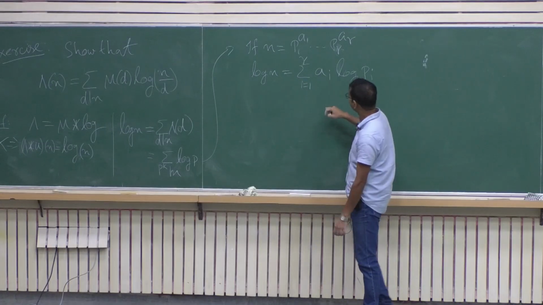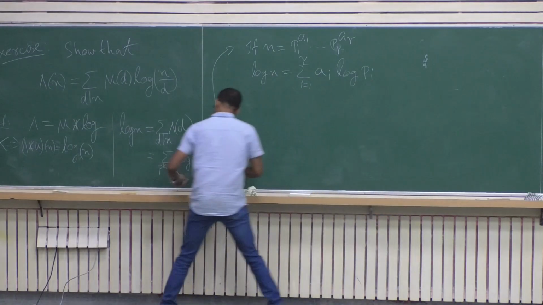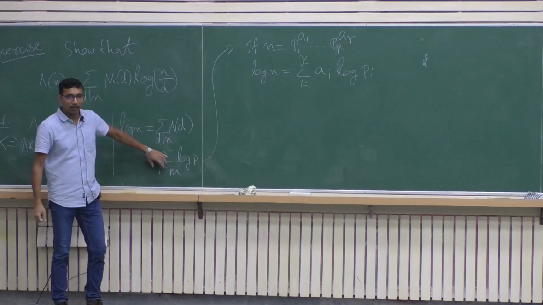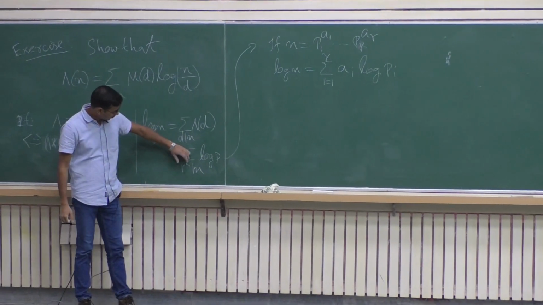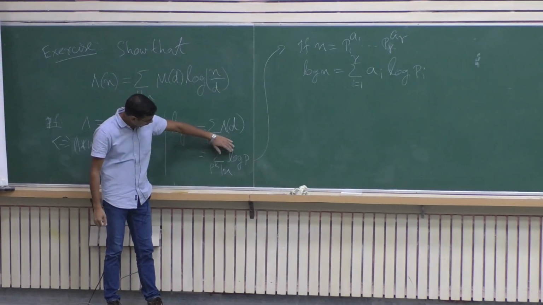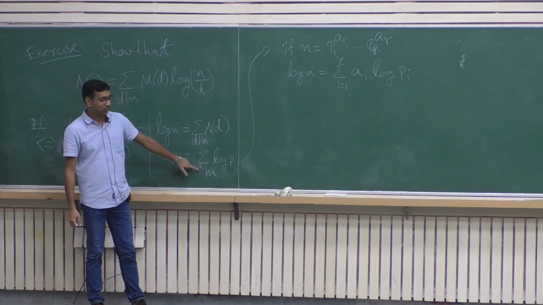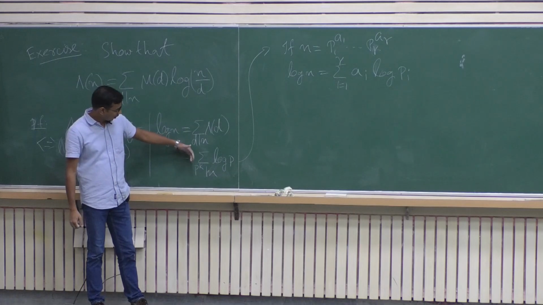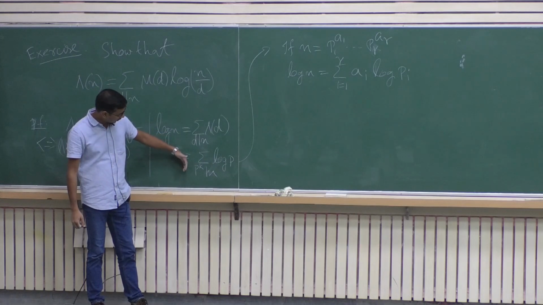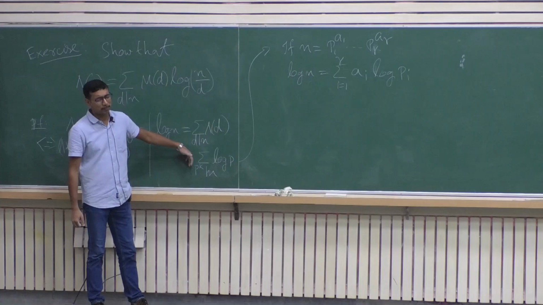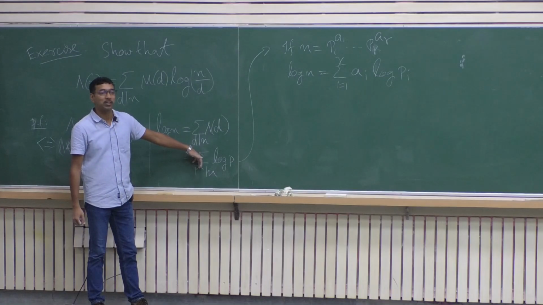Here you are counting the primes. You are summing over log p as many times as the power p^k divides this. So you are counting once for p power 1, p power 2, and so on up to p power k.